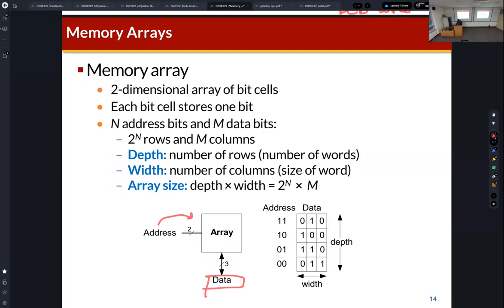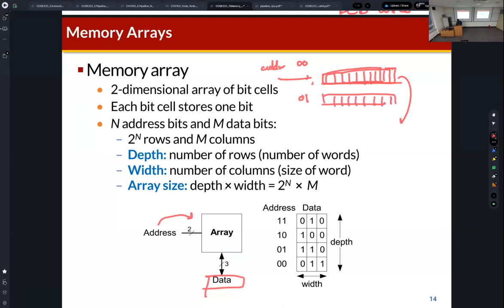Two-dimensional means that the data includes multiple bits, and when the address is given, like address 00, the multiple bits of data for this address come out from the memory. If we use a different address, then different data indexed by that address comes out. So this is the two-dimensional array of bit cells.